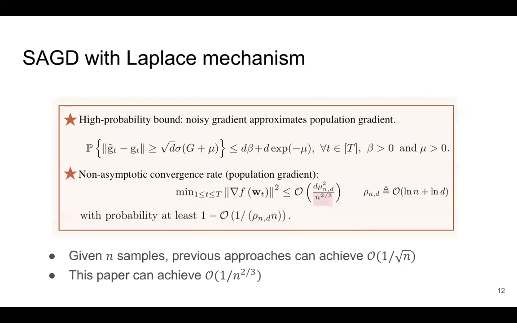Following the result I showed for general differentially private algorithms, it can have that kind of generalization performance. So the gradient produced by SGD with a Laplace mechanism maintains a high probability concentration bound, which means the noisy gradient approximates the population gradient, like this one.